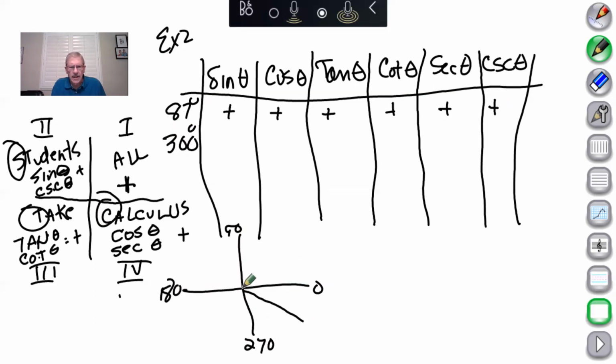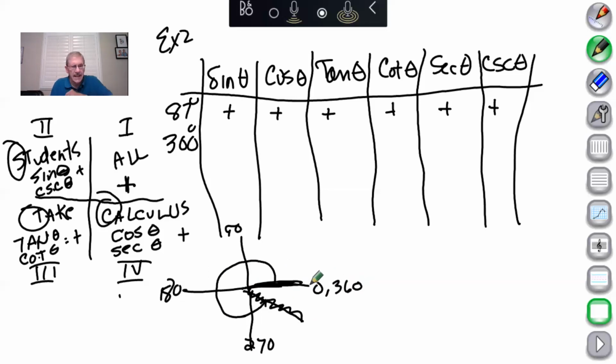Here's your initial side, but we're going to go counterclockwise. There. And here's our terminal side right here. So this is our angle. This is 300 degrees. It's the outside angle. If we went this way, it would be negative, but we have a positive answer. So 300 is going to be between 270 and 360, with 360 and 0 being the same thing.